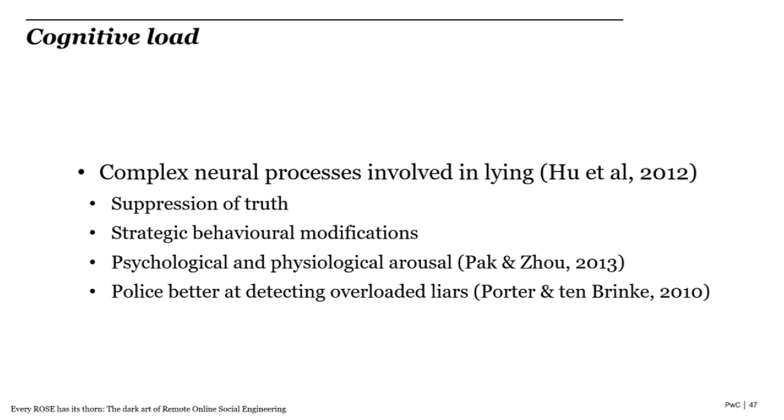This leads to various states of psychological and physiological arousal. We're not too bothered about the physiological here, but the psychological is interesting. Research has indicated that police officers, for example, might be better at detecting lies from people who are cognitively overloaded, who are asked to perform some task in addition to lying, or who are having to answer more questions, or something like that.